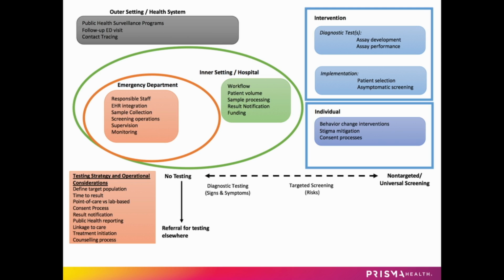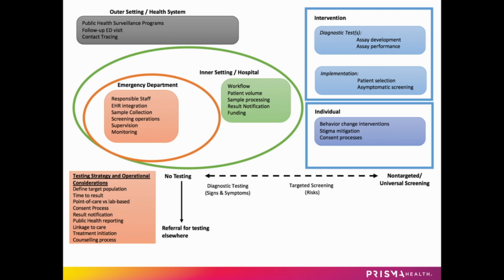So as an interest group, we wrote a paper that talked about those parallel infectious diseases and pandemics and epidemics, and we conceptualized it through this model where you've got the emergency department here in the middle.